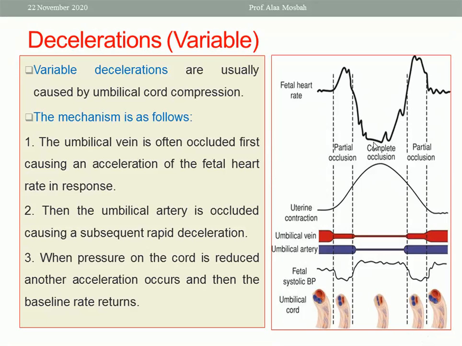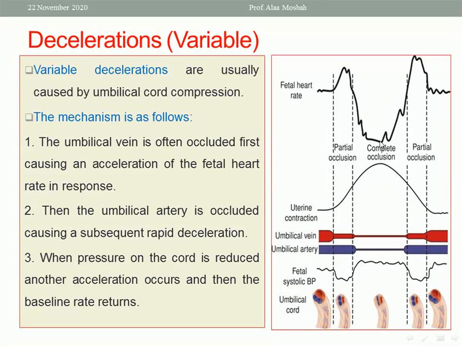Then when the pressure on the cord is reduced, another acceleration occurs and then the baseline rate returns. So there is pressure on the umbilical cord. First, occlusion of the umbilical vein is reflected as acceleration in the fetal heart rate. Then occlusion of the umbilical artery is reflected as deceleration.